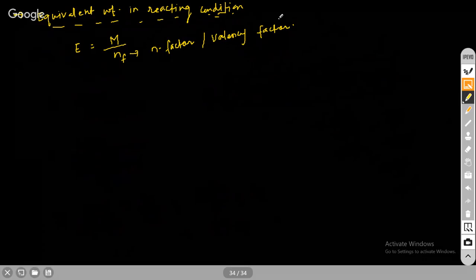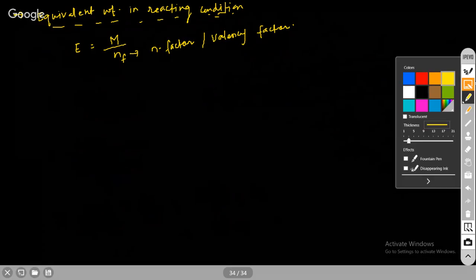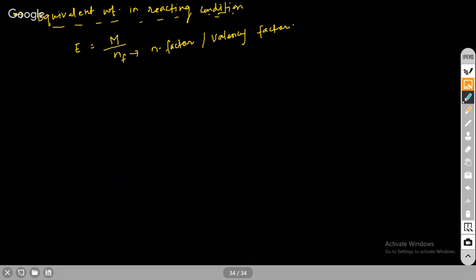Now you see, I write down a few reactions here. You see this reaction: H2SO4 plus NaOH gives Na2SO4 plus 2H2O.